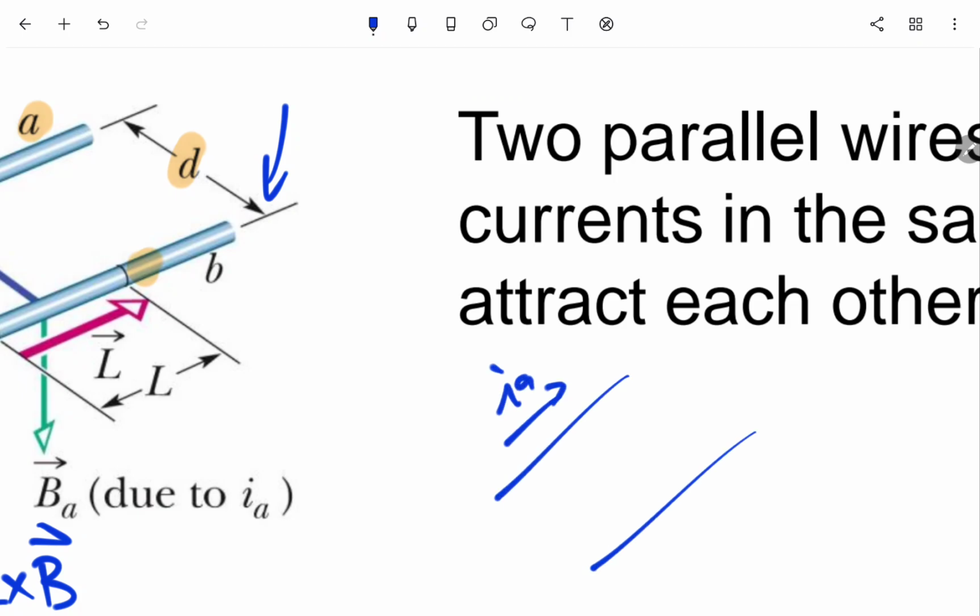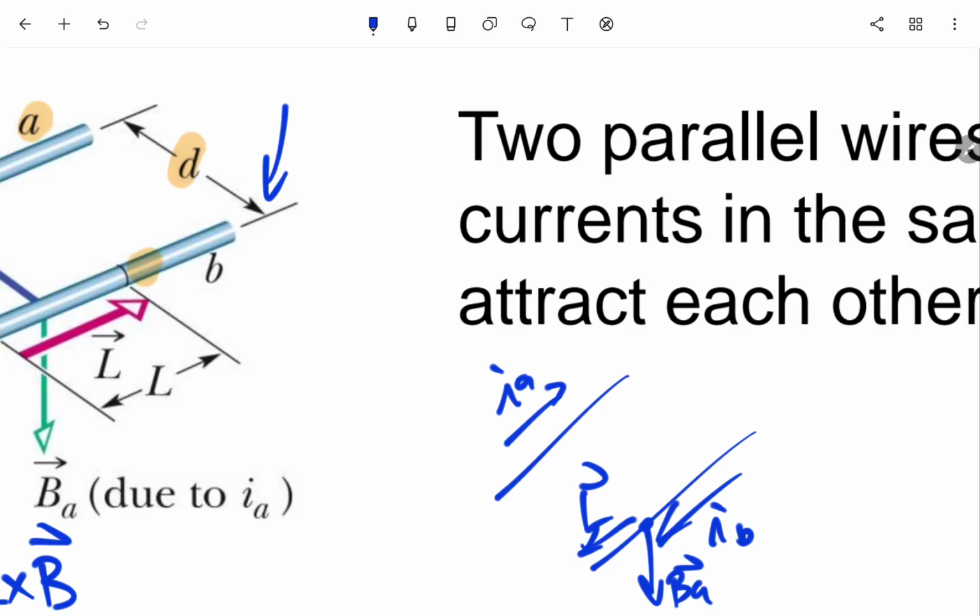If the currents are in opposite directions, let's say I_A is pointing to this side and I_B is pointing to that side, in that case B_A is still pointing downward, but L is like this. So L cross B will be pointing to that side.